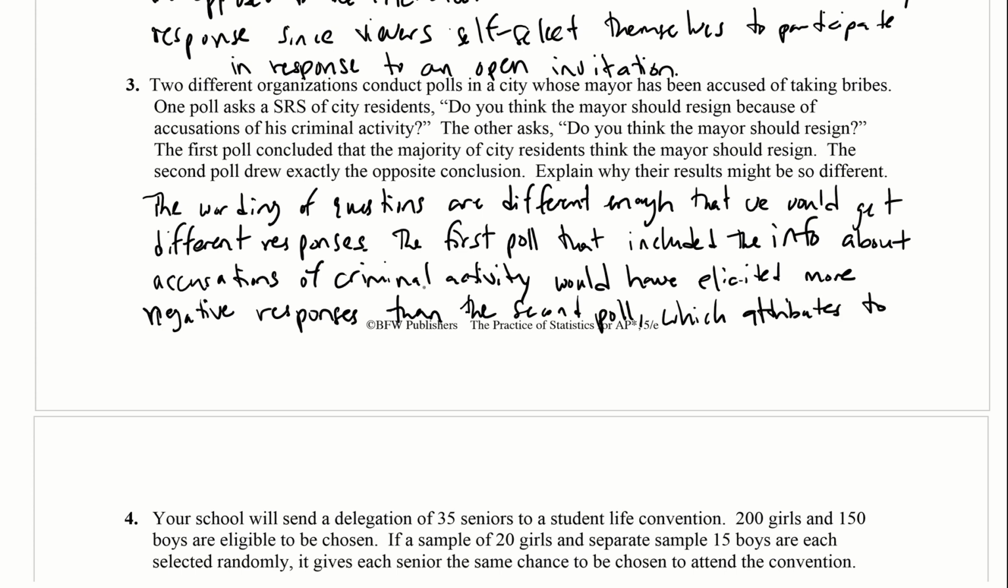Which attributes to the opposite conclusions of both polls.